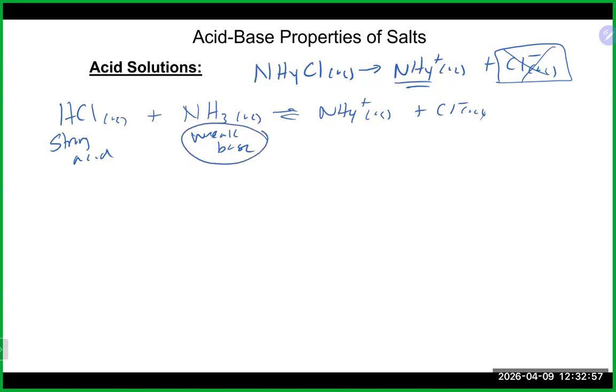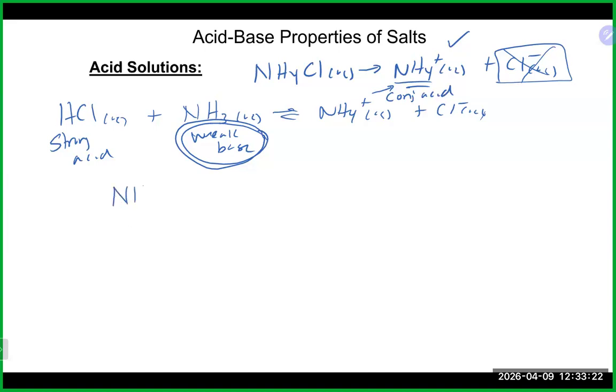And because it comes from a weak base, this guy is going to go through hydrolysis. Again, anything that comes from a weak acid or a weak base is going to react with water, is going to go through this hydrolysis reaction. Understanding that this comes from a weak base, we will know that this is a conjugate acid. And that is how it's going to react with water.